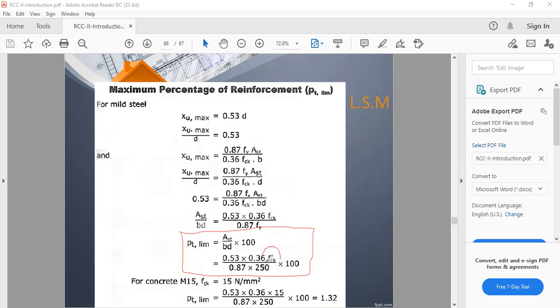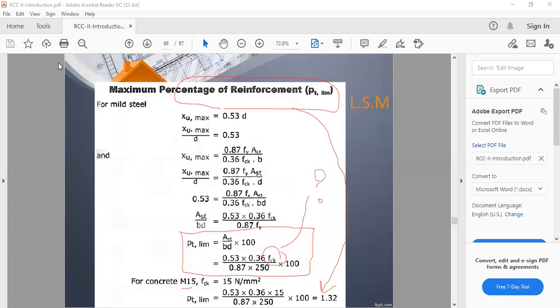It depends directly on which grade of concrete you are going to use: M15, M20, M25, M30, M35, M40 and so on. So the maximum percentage of the reinforcement for M15 grade of concrete is 1.32%. So that's it. We'll stop here today.